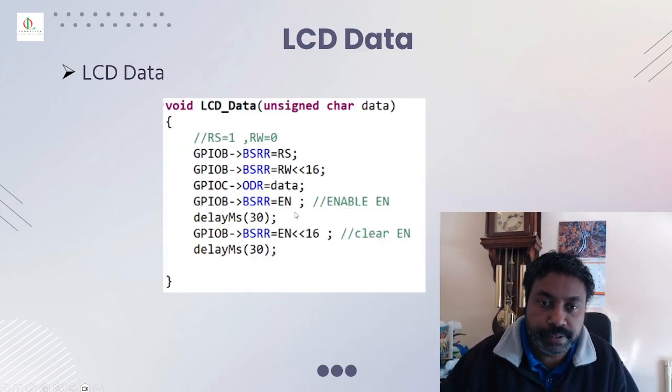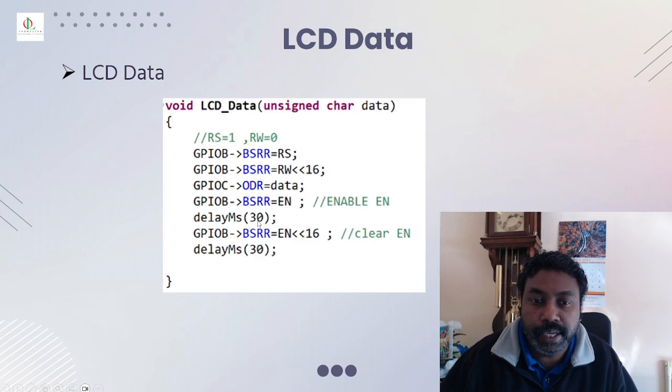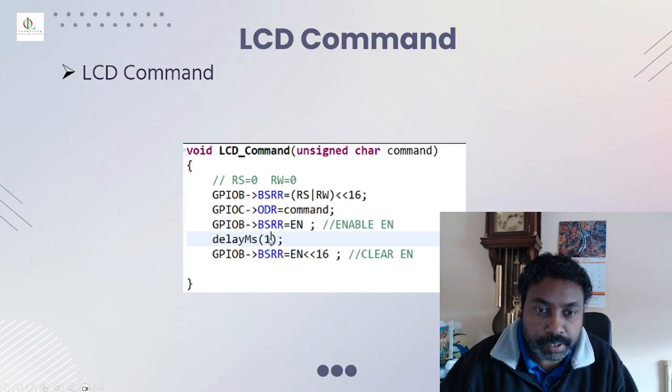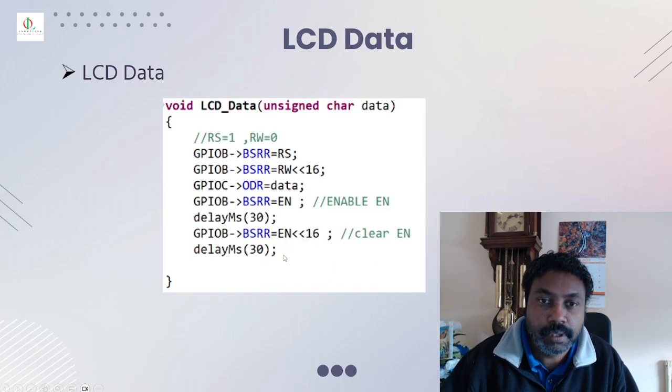That's the difference between the two. Then the bit set and reset register you need to enable, give some delay, and then you have to clear the enable. So these three steps will be the same as the command: enable, delay, and clear the enable.